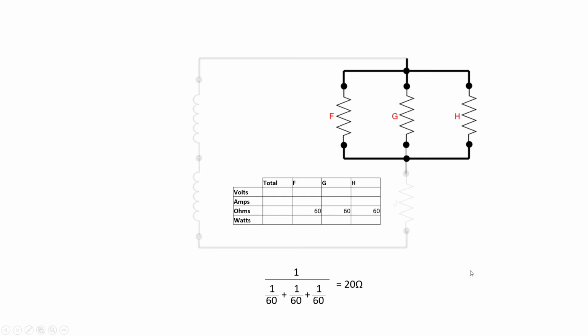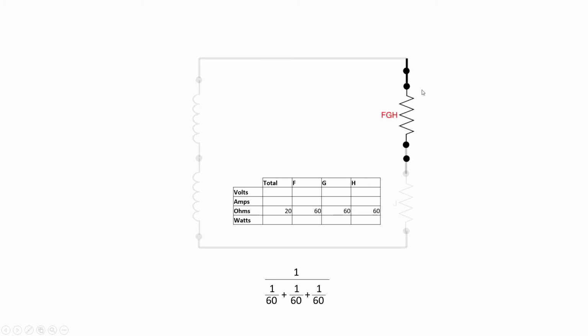Okay, pretty simple. So we can put that in for total resistance. So, at this point, from a resistance point of view, we've kind of reduced this. Let's consider this to be now one element. We'll call it F, G, and H with a total resistance of 20. Right, so we've simplified this down sort of in our imagination as one load now.